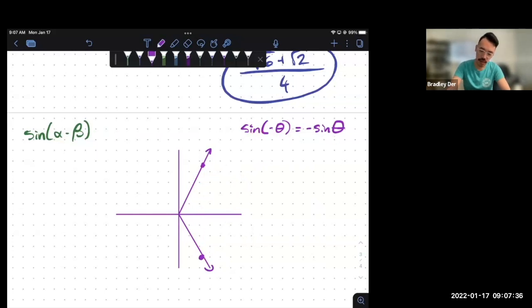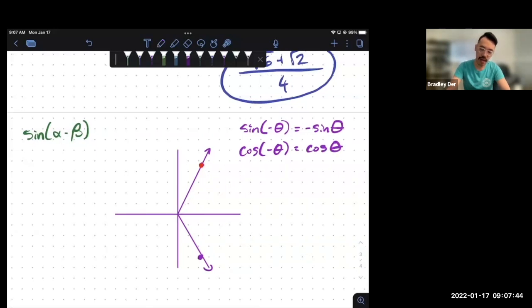With the same drawing, you can see how cosine of negative theta would just be the same as cosine theta, right? The cosine of the positive angle ends at the same x coordinate as the negative angle. And then if those two things are true, then tangent of negative theta must equal negative tangent of theta, right?